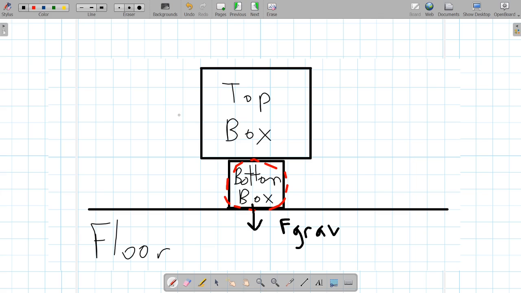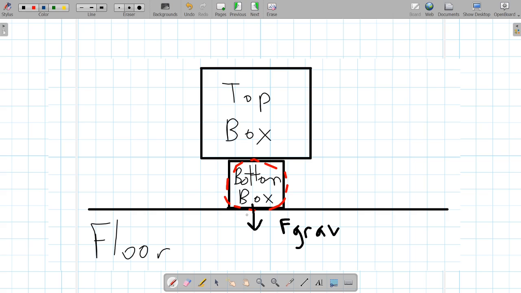And hopefully you can see that we're going to actually have two normal forces acting on this free body diagram. And we're going to have two normal forces because we have two surfaces of contact. We have a surface of contact between the bottom box and the top box, and we have a surface of contact between the bottom box and the floor.